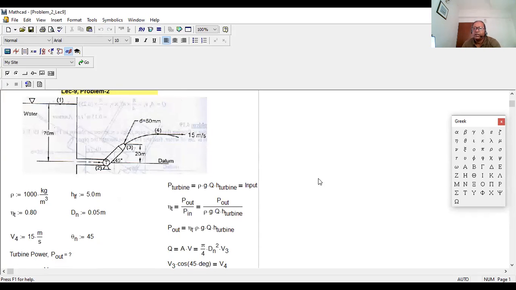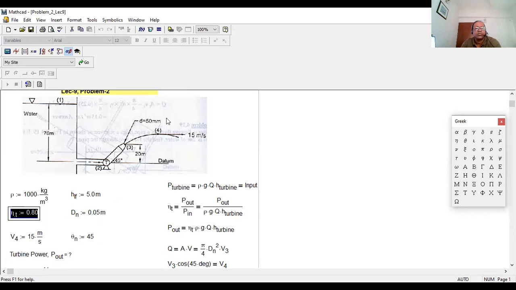So at first we need to write down what data is given. You write down the density, you draw the figure. The density of the water is 1000 kg per meter cube. Frictional head loss is given, it's 5 meter. Turbine efficiency 80%, that means 0.8.